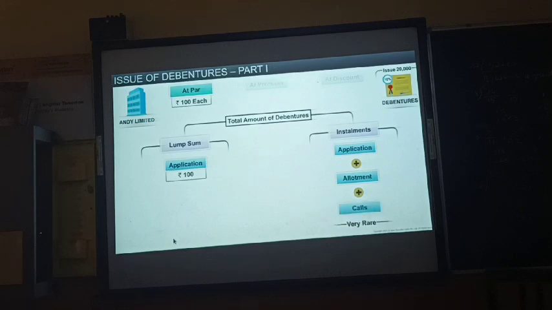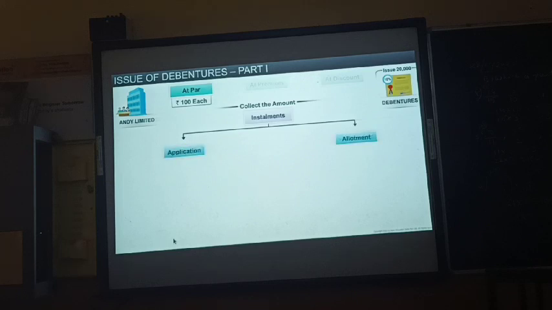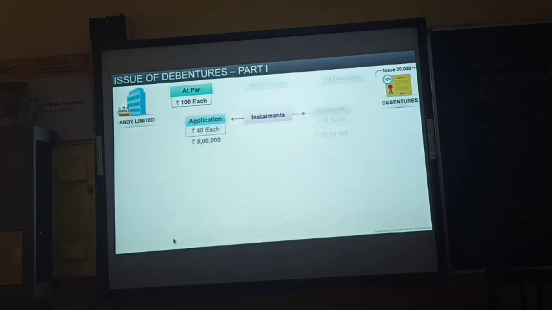However, it is very rare for companies to issue debentures in more than 2 installments. The board of Limited decided to collect the amount of 100 rupees in 2 installments. That is, 40 rupees on application and 60 rupees on allotment.